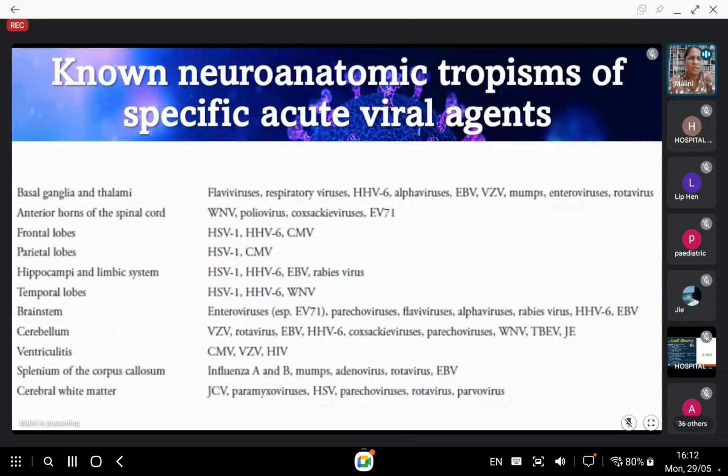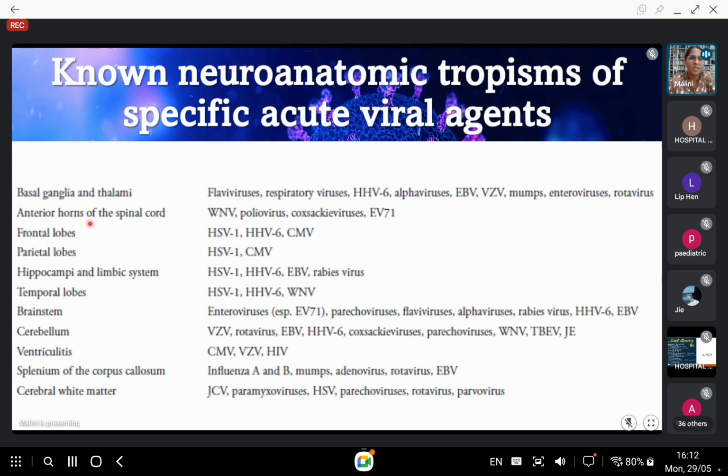How do we identify, or at least have an inclination towards, what organism we are dealing with based on the site of involvement? A lot of the flaviviruses like the basal ganglia and thalamus, and this would be Japanese encephalitis and dengue encephalitis.